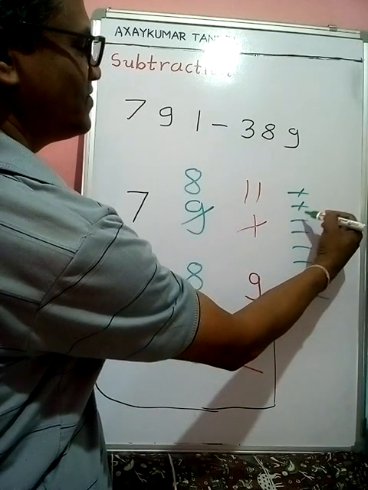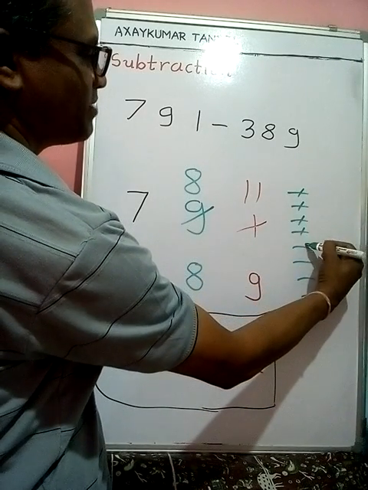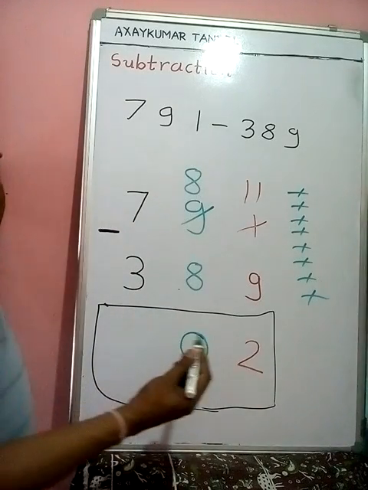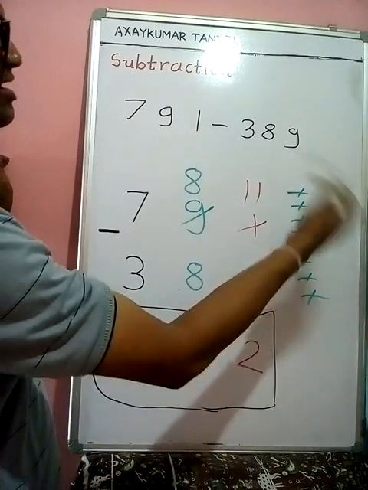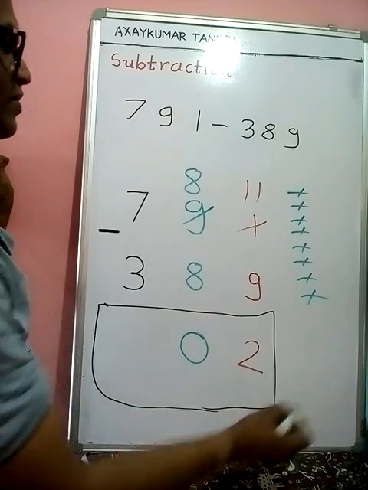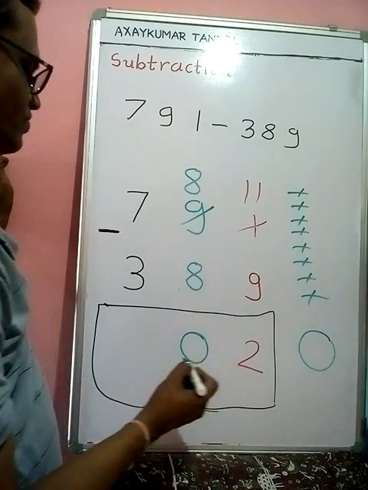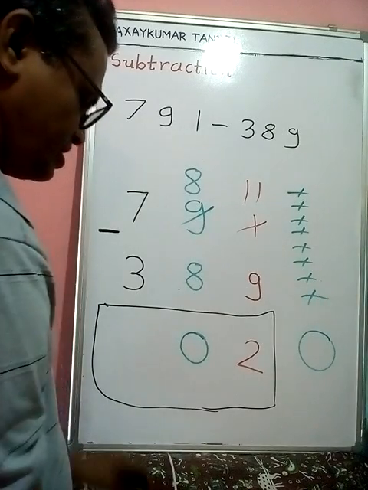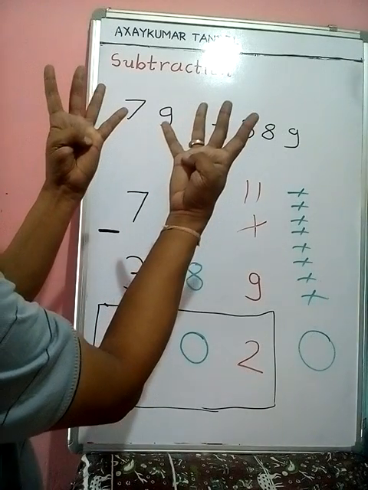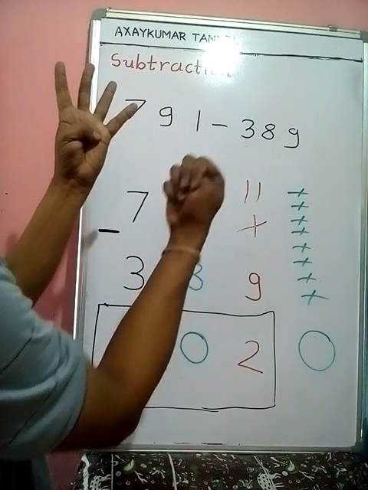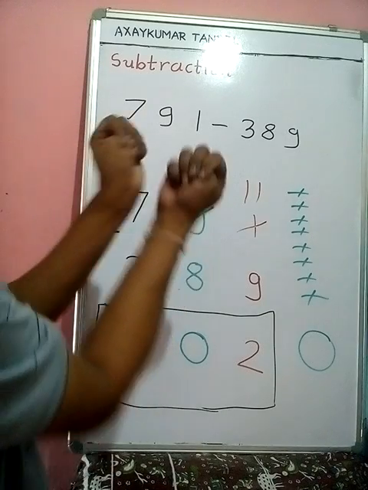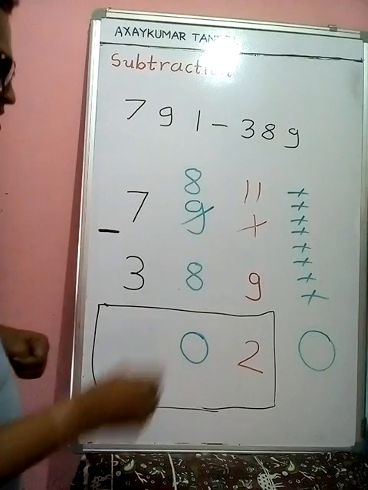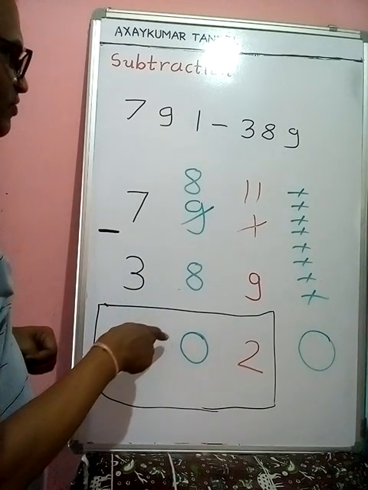All cutting. Now saving 0. Okay. 8 minus 8. We have 8. Minus 8. Empty. 0. Nothing. 8 minus 8 is equal to 0.